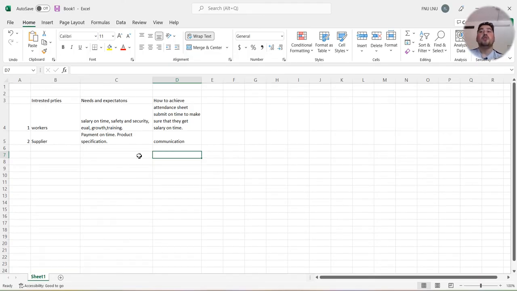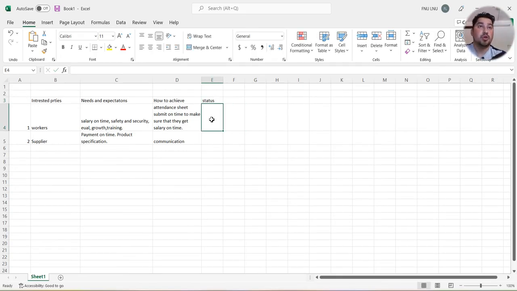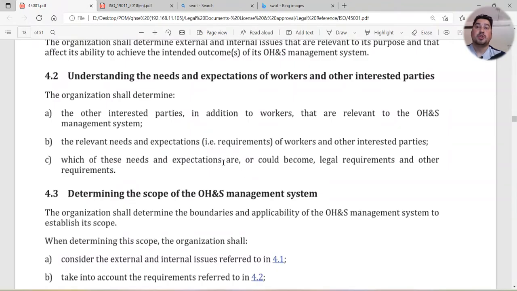What you can do is make one Excel sheet like this. You have to identify your interested parties, their needs and expectations, and how you are going to achieve that. When you are going to achieve that, you have to write down the status also. Is it open? Is it closed? And the timeline when you are going to implement these things. So I hope you are aware now of how to do these things.